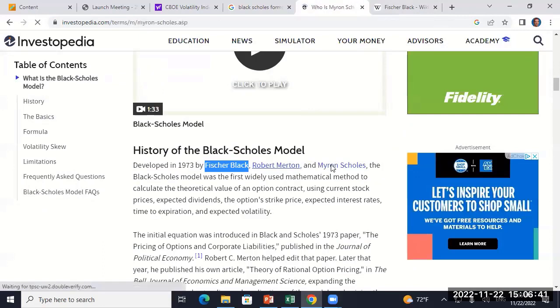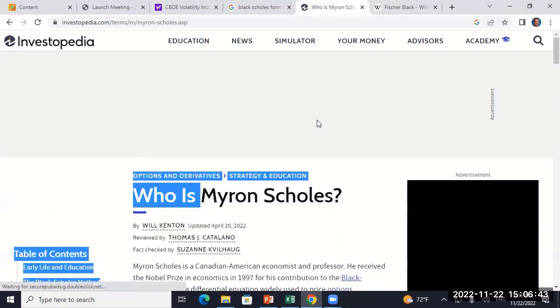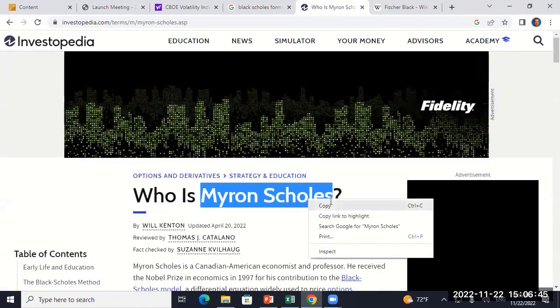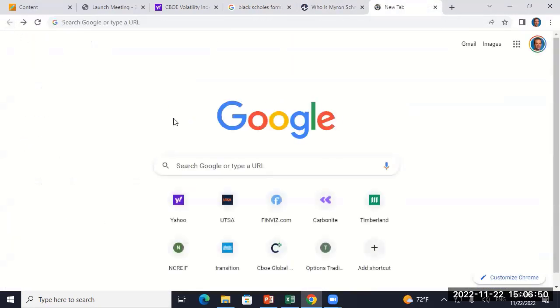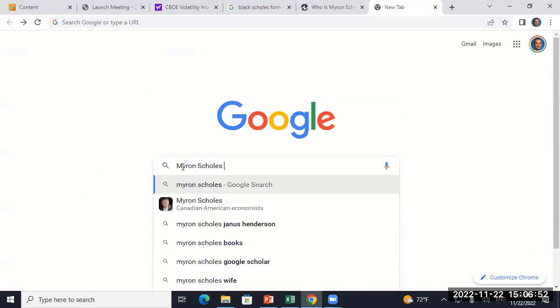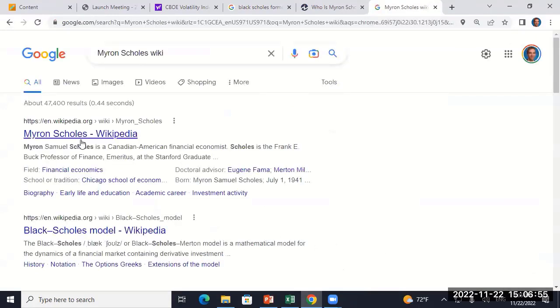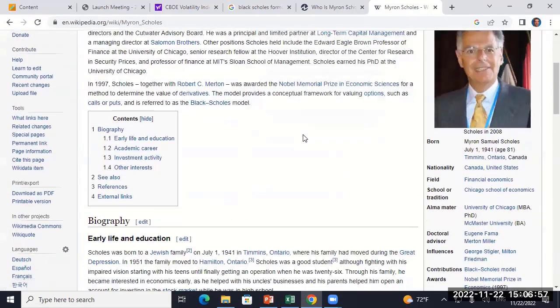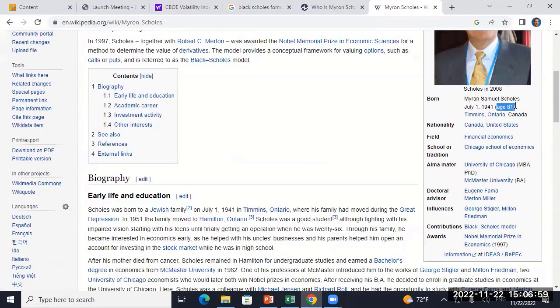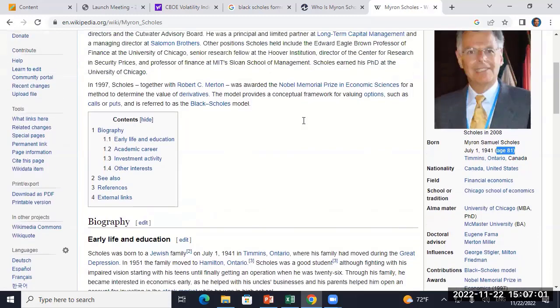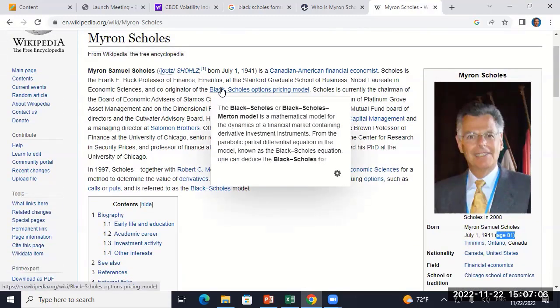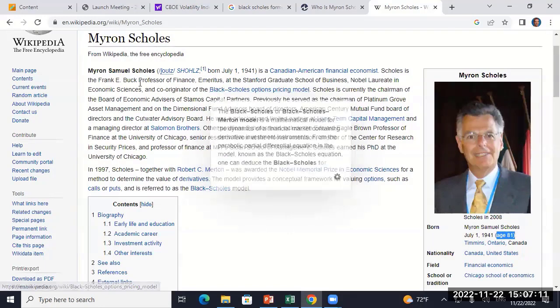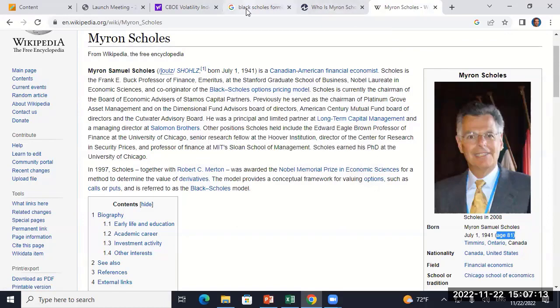And then Myron Scholes. He looks alive there. He's 81. He's getting up there. And there it is in the third paragraph, Black-Scholes. So that's what he's famous for. He's famous for other things as well, but that's certainly the one he's most famous for.